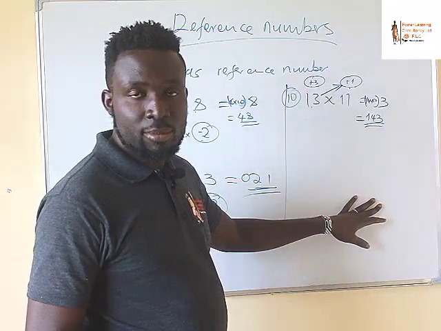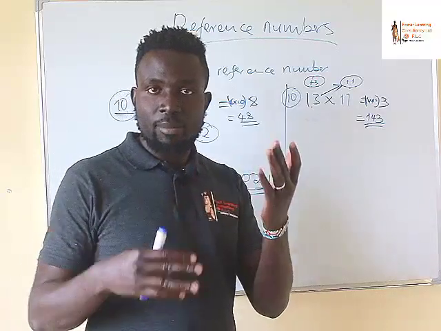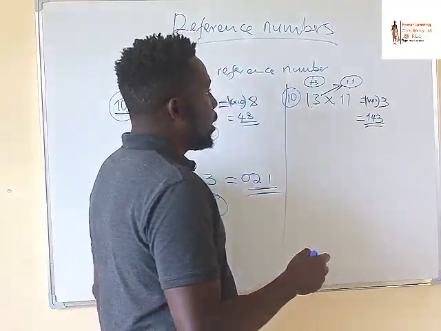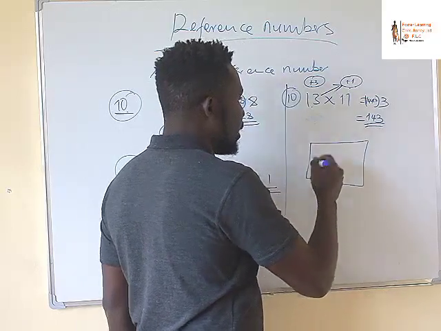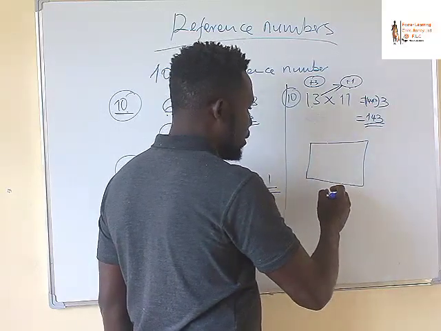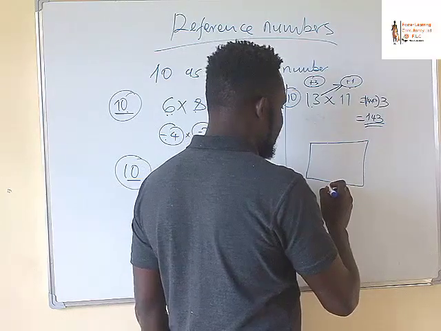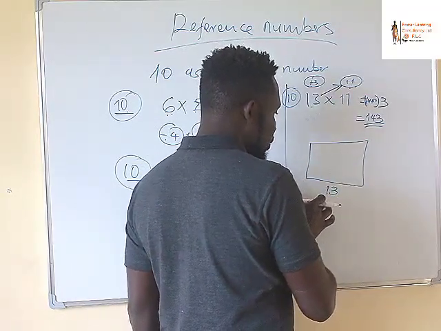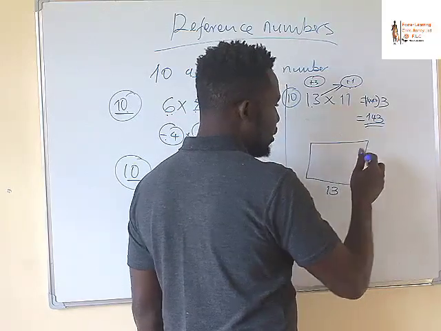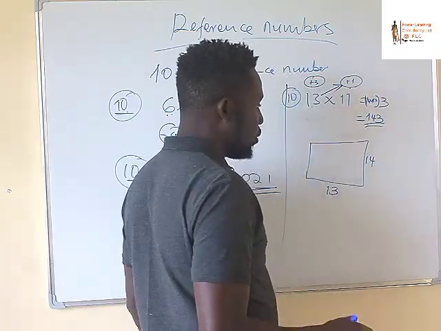Your calculation also becomes interesting because you start playing with the numbers. And therefore, when you see examples like getting the area of a rectangle, let's say 13 by 14, you can do the same.